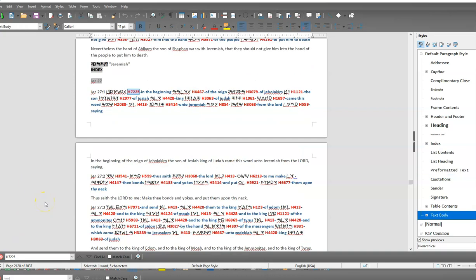And here's the thing, the very next chapter, Jeremiah 27, what does he begin it with? Bereshit Mamelekut Jehoiakim. Again, what are we talking about? In the beginning of the reign of Jehoiakim? No. This is the same king. It's not the beginning of his reign.